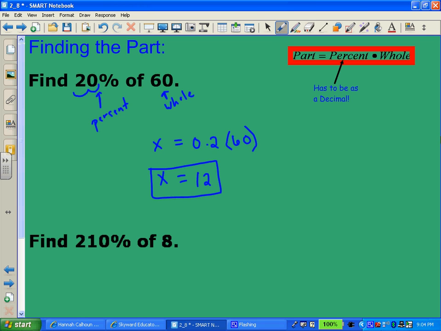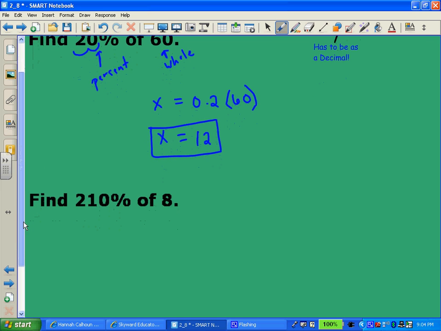Let's look at another example of this. Find 210% of 8. Now once again, 8 comes after the of, so I know that's going to be my whole. And then here, this is obviously my percent. So again, when I set up my equation, the part, which I don't know, is x, and I have to move the percent back 2 spots, so 210% is 2.1 times 8.